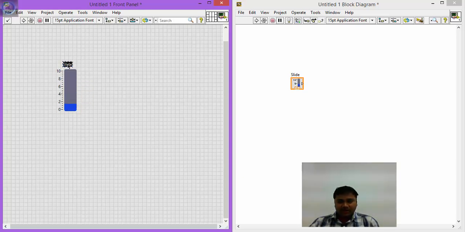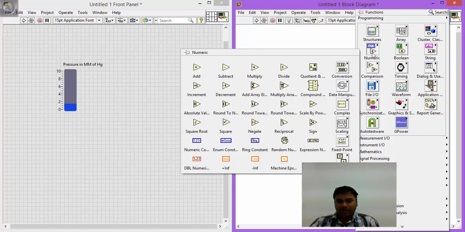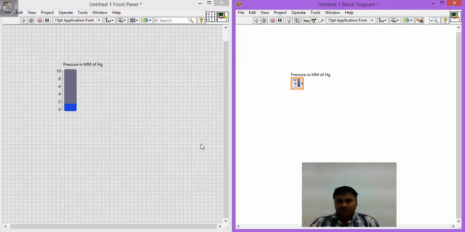So I am writing here as pressure in mm of Hg. Now whatever pressure I am giving, I should multiply with 9.922 into 10 to the power of 4. Hence I will right click on the block diagram panel, go to numeric, and take the numeric constant. This numeric constant will be double, 9.922 into 10 to the power of 4. I can write 99220.